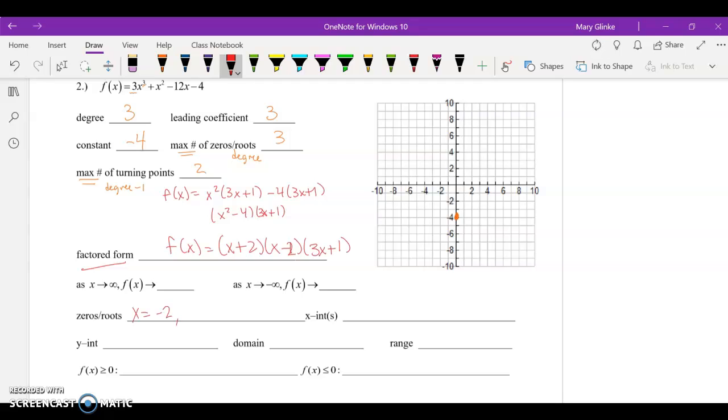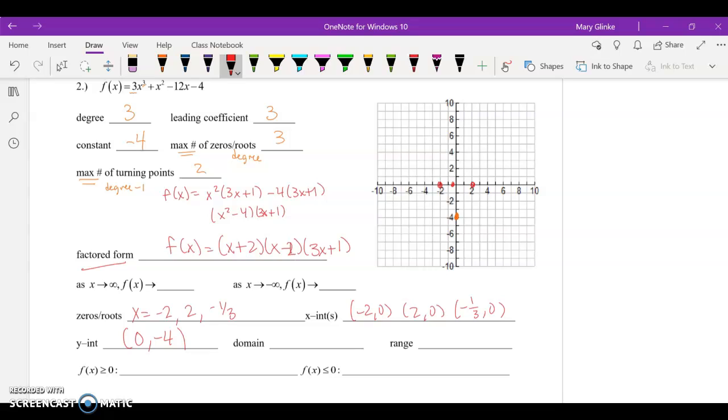Now those are going to give me my zeros, -2, +2, and -1/3, which should match my x-intercepts: (-2, 0), (2, 0), and (-1/3, 0). My y-intercept I already mentioned here is (0, -4).